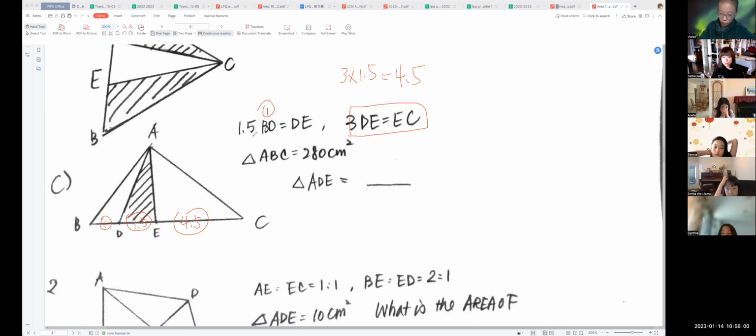So 1.5 times 1 equals 1.5, which is DE. And 3 times DE equals EC, so EC is 4.5. So we have 1, 1.5, and 4.5. That means for the area, it is also 1 part, 1.5 parts, and 4.5 parts. Understand, everybody?